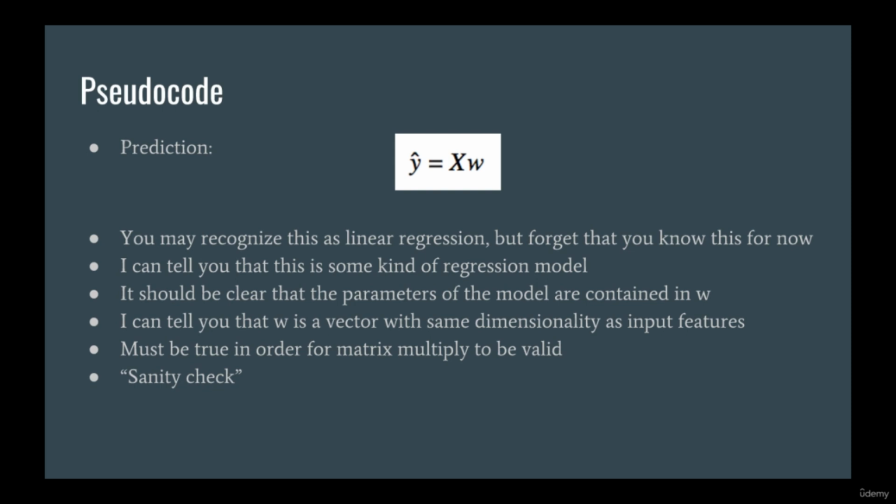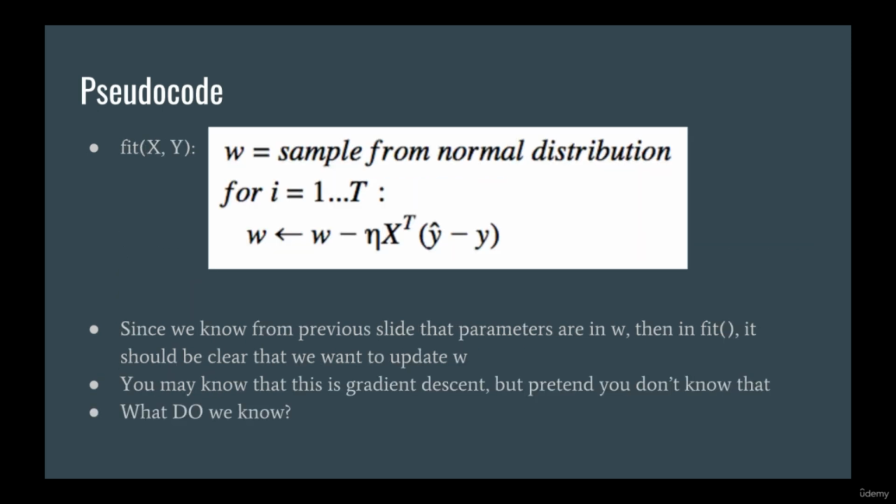It should be clear from this equation that the parameters of the model are contained in this vector of weights w. I would probably also tell you that w is a vector that's the same size as the number of feature vectors in X. Of course, this must be true in order for the matrix multiply to be valid. This acts as kind of a sanity check so you can make sure everything is making sense.